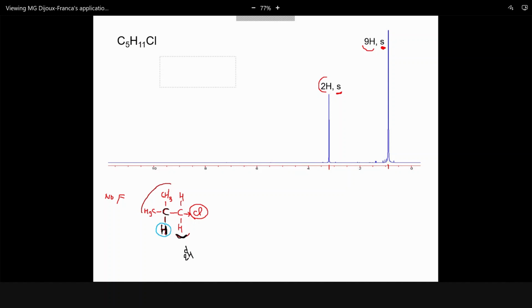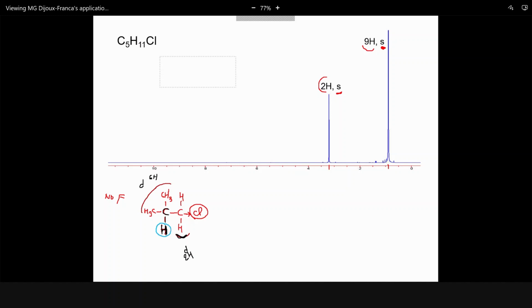So what would be the signal for these? I will have a signal for 6 protons this time, not 9. And what will be the shape? I think a doublet. Yes, it's also a doublet for the same reason.